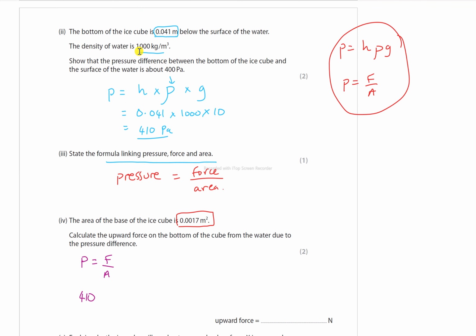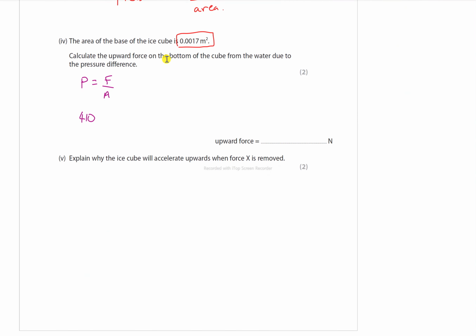What this said is approximately 400, but let's stick to 410. F over area, which is 0.0017, and then we rearrange that, so we say F equals 410 times 0.0017, which equals 0.68 newtons.